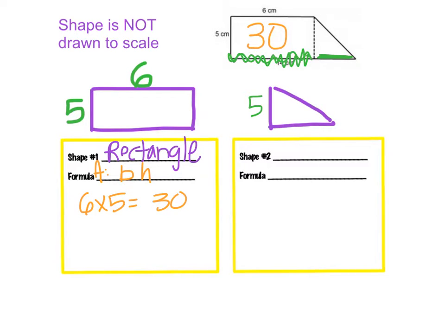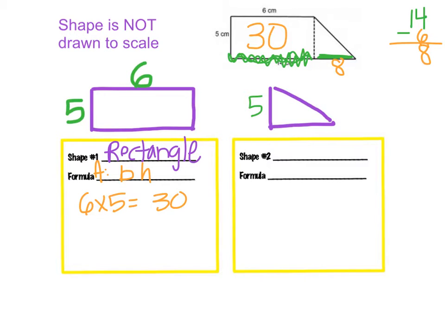I don't want it anymore. The whole thing used to be 14, so I would do 14 minus, I took away the length of the rectangle, which was 6. So I'm going to do 14 minus 6, and that gives me 8. So actually, the base of the triangle is 8.